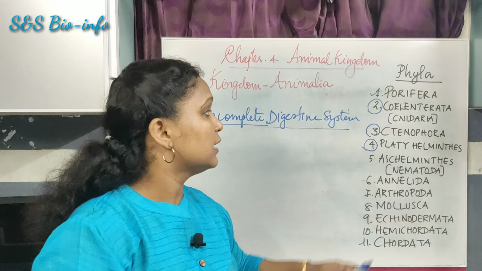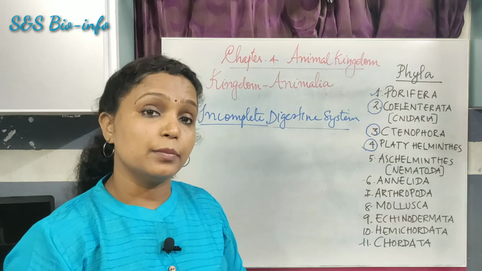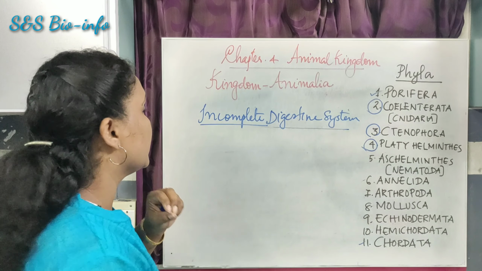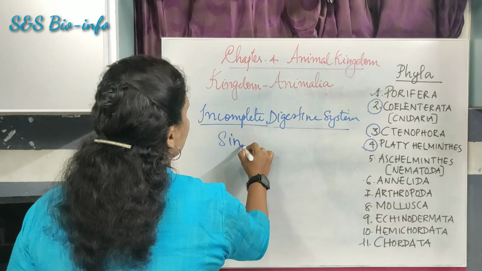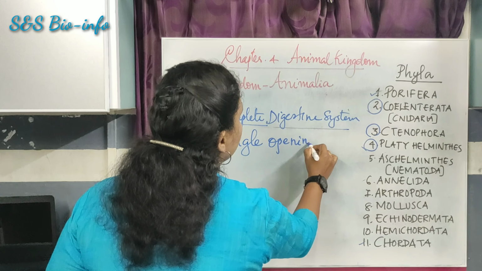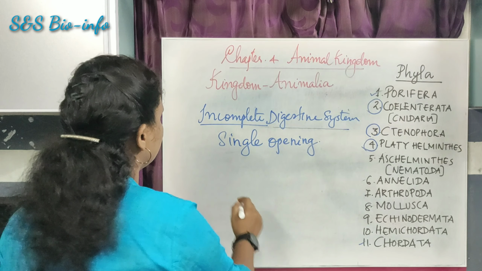Some phyla like Coelenterata, Ctenophora and Platyhelminths exhibit incomplete digestive system as a single opening in the alimentary canal. So such digestive system is called incomplete digestive system. Then what is meant by complete digestive system?